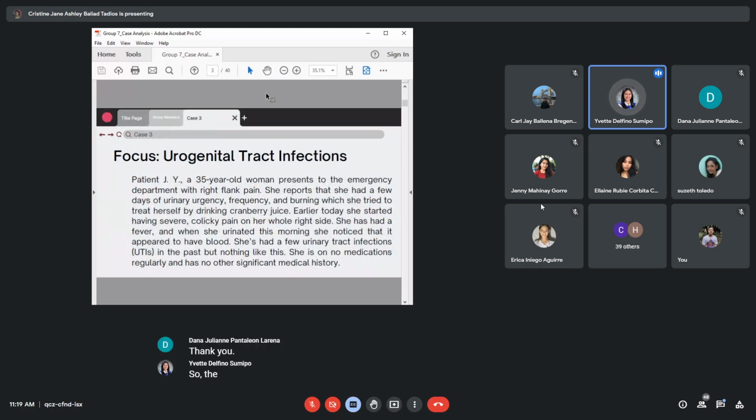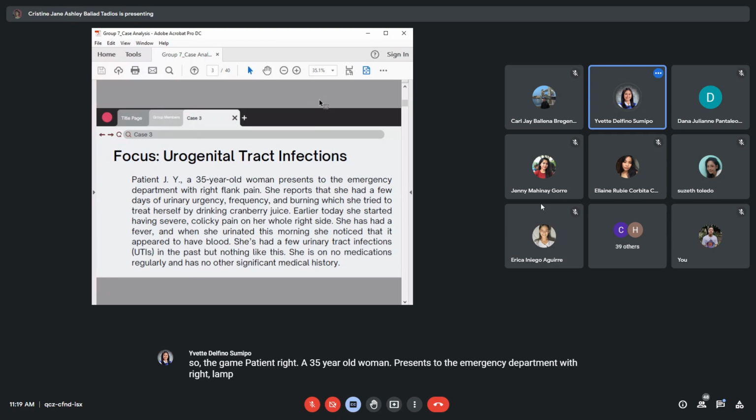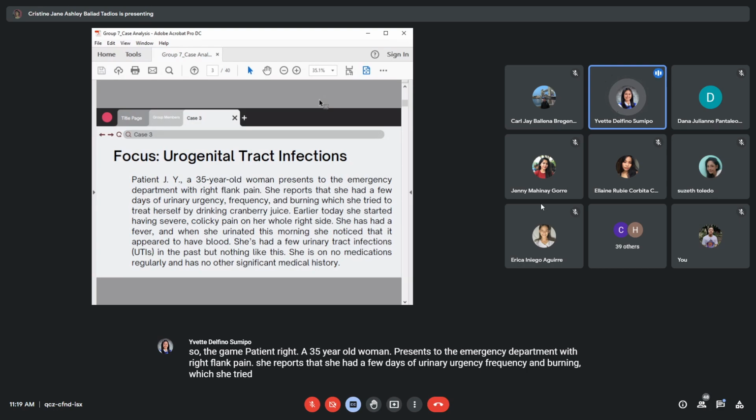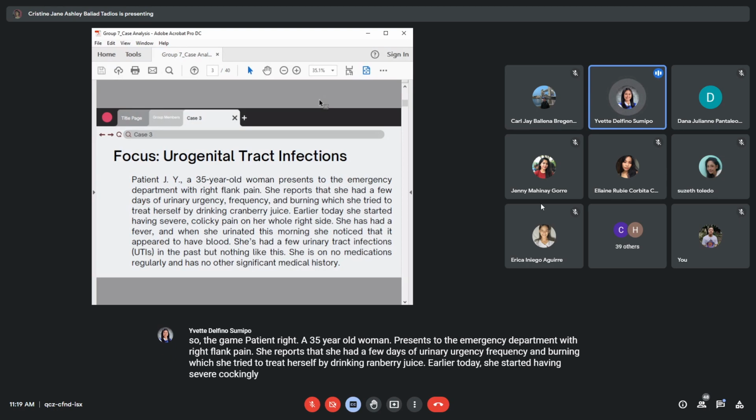So the case is patient Joy, a 35-year-old woman, who presents to the emergency department with right flank pain. She reports that she had a few days of urinary urgency, frequency, and burning, which she tried to treat herself by drinking cranberry juice. Earlier today, she started having severe colicky pain in her whole right side.